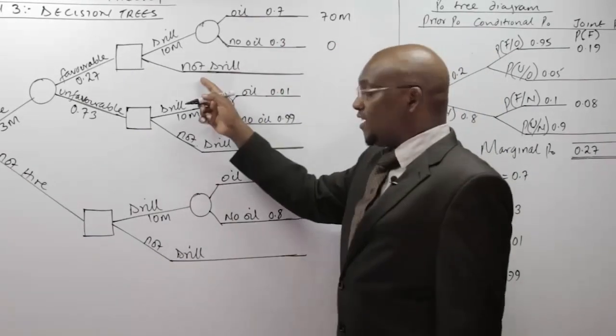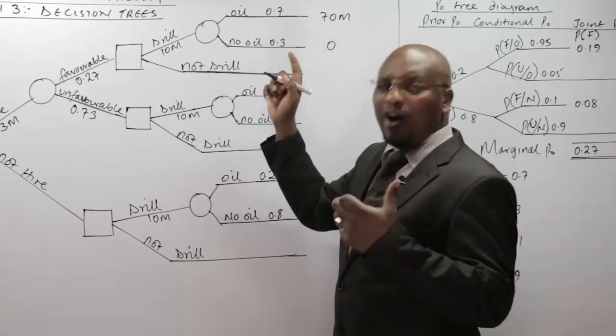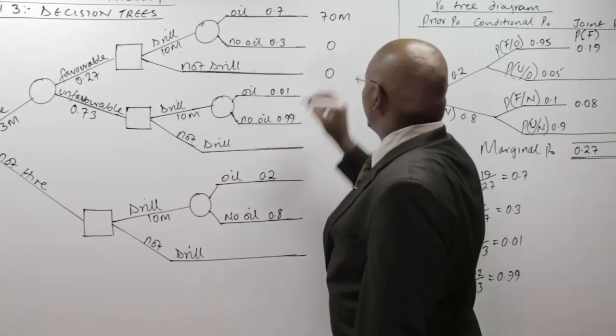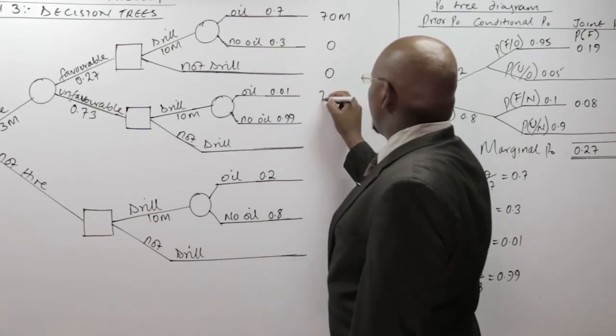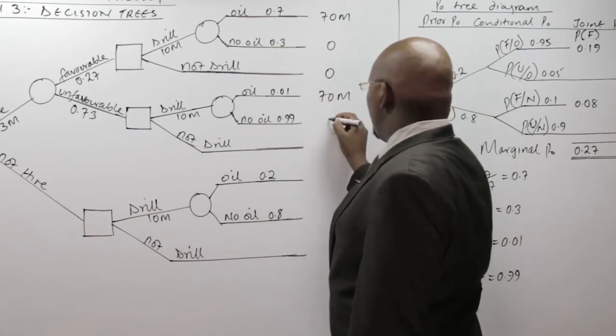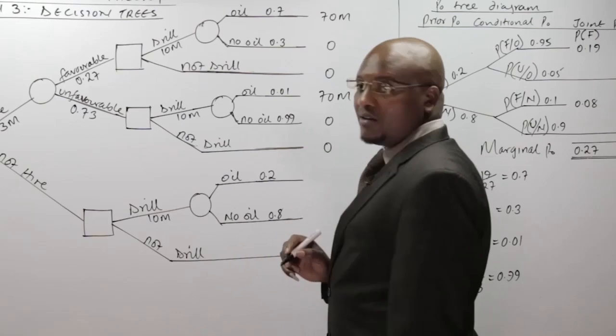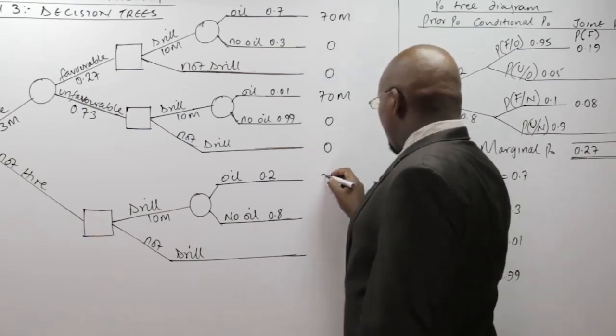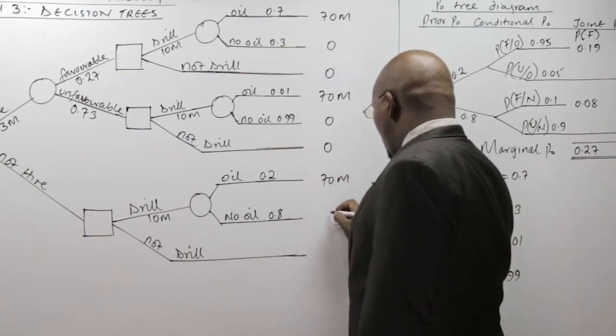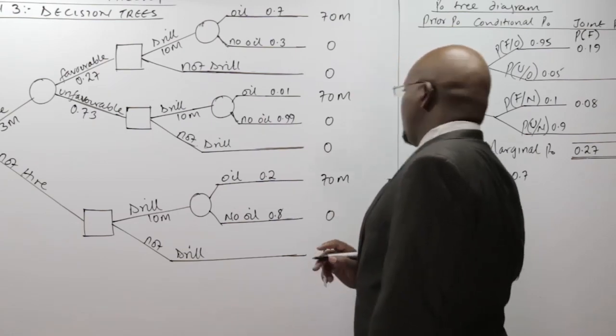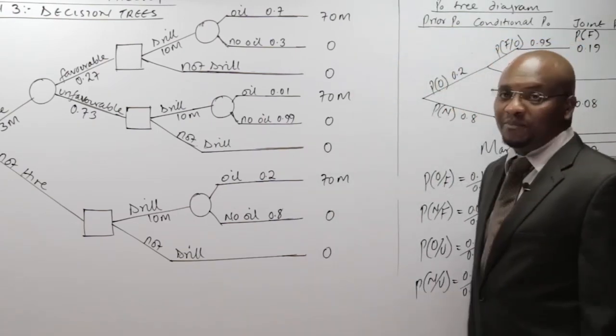If you don't drill, you do not have any oil, therefore there's nothing to sell also here. If oil, 70 million. If no oil and no drill, 0. That is our situation there.